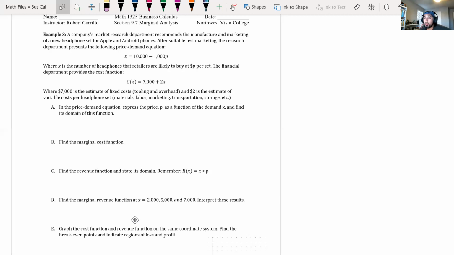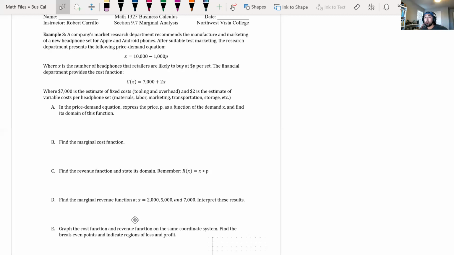The financial department provides the cost function of producing these headphones: C of X equals 7,000 plus 2X, where 7,000 is your fixed cost, tooling, overhead, and $2 is the estimate of variable costs per headphone set: materials, labor, marketing, transportation.